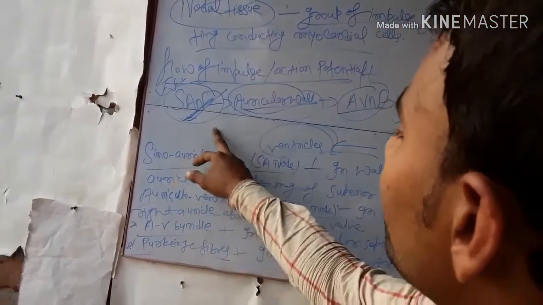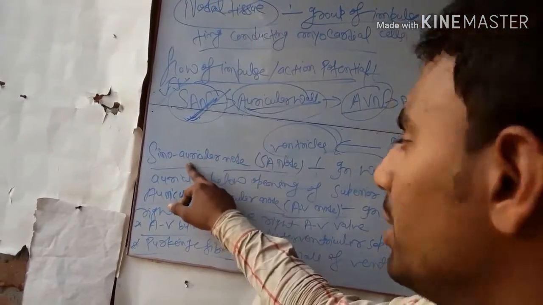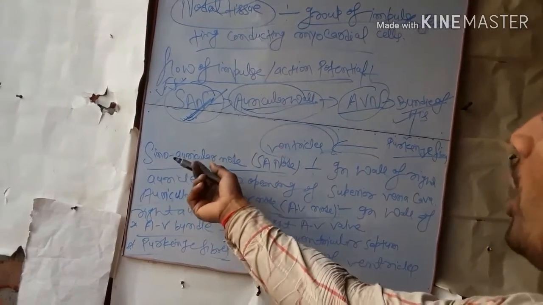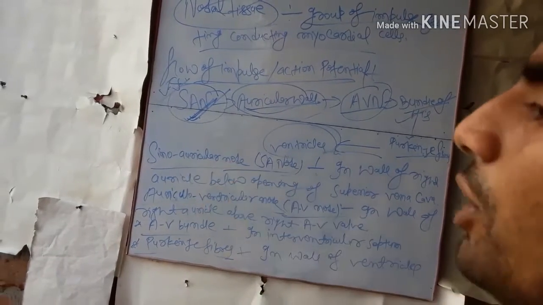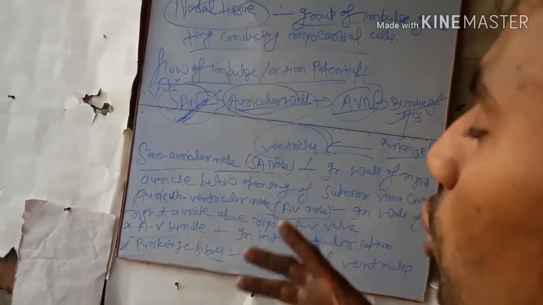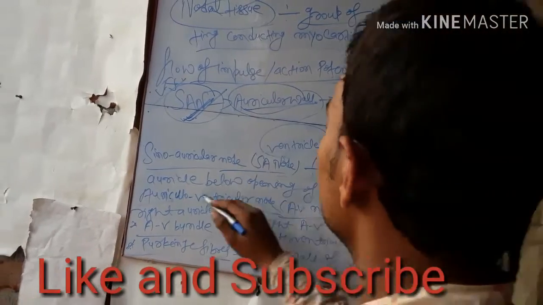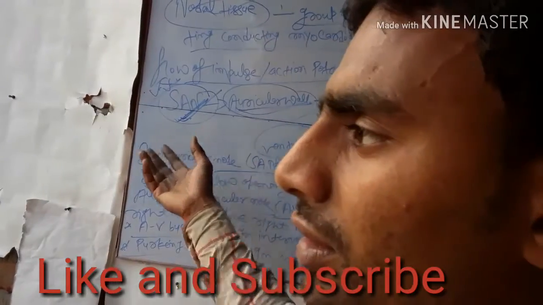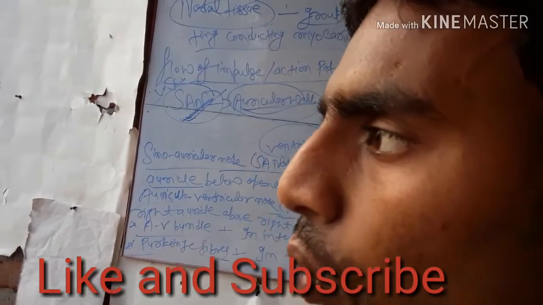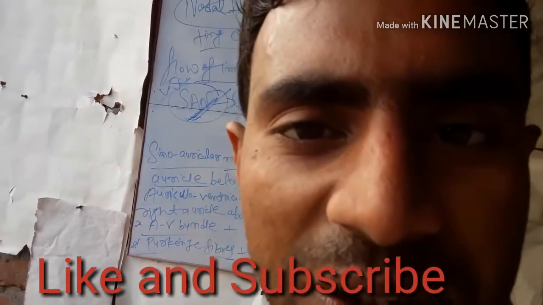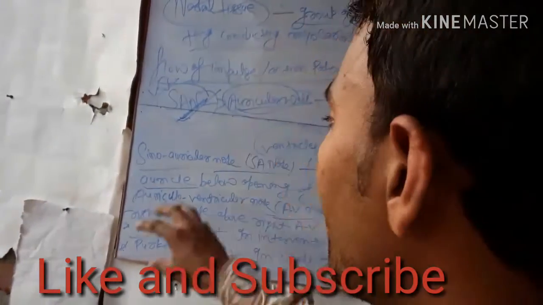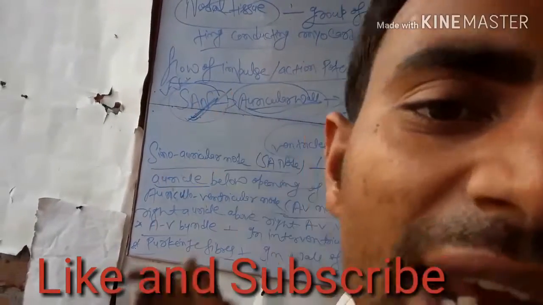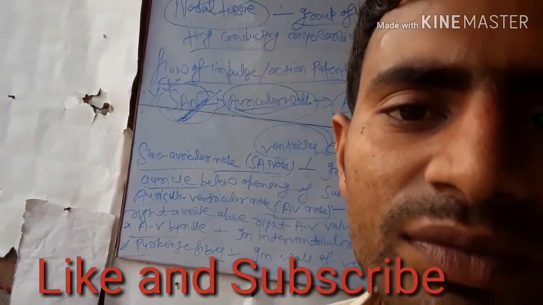So what is the SAN? SAN is the sinoauricular node, the origin of impulse. It originates the impulse. Where is SAN present?